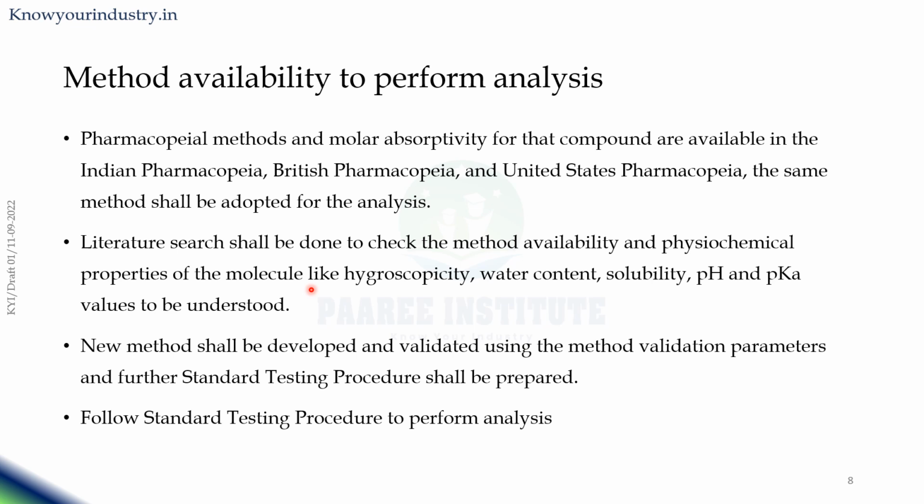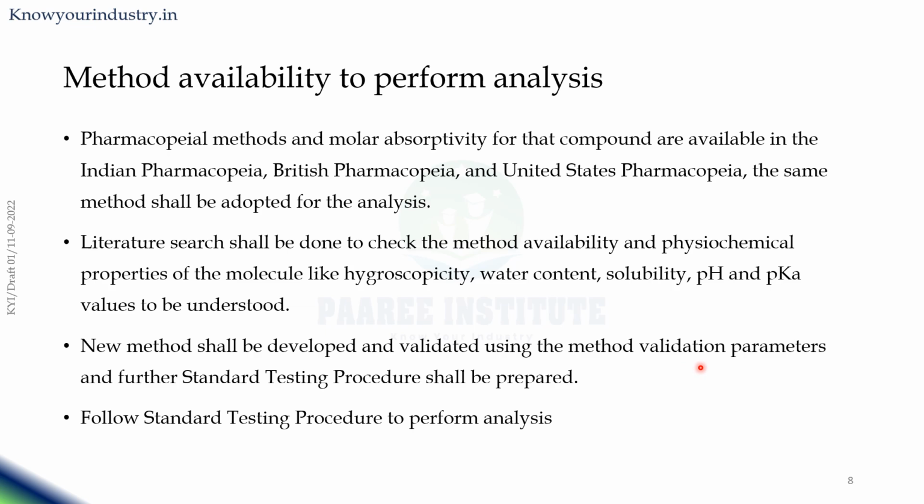So different parameters generally used for analytical method development can be determined by these physiochemical properties. So it is very important to understand these properties through the literature. And then you can develop the new method and validate the method for specific method validation parameters.